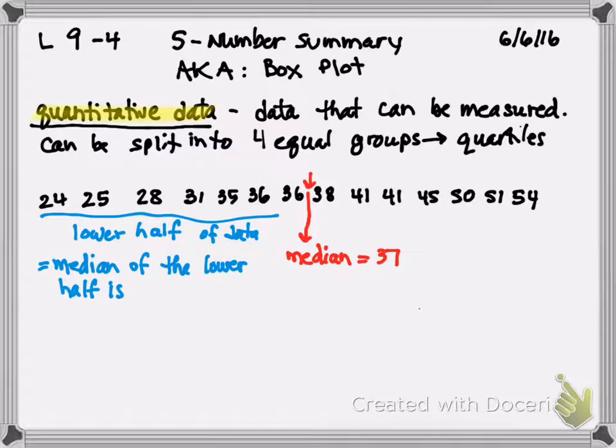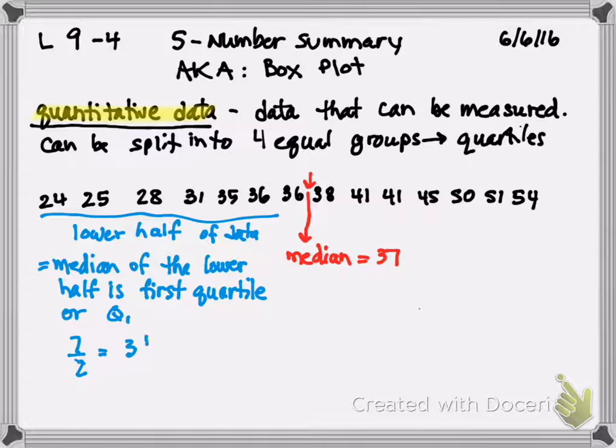It's called the first quartile, or Q1. So I've got 7 numbers. Cut that in half.